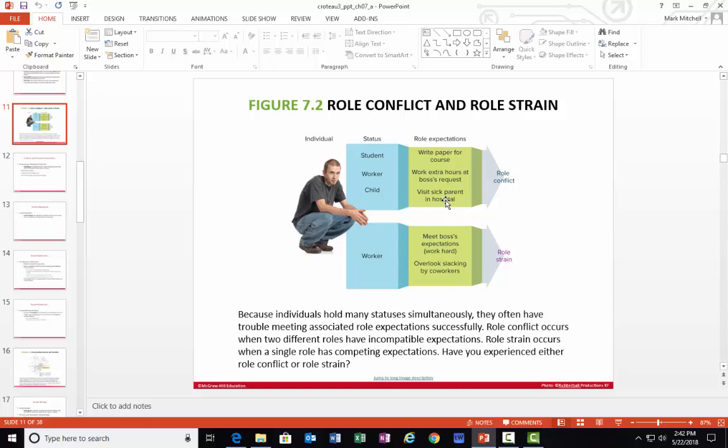And so a lot of times, what you have to do is maybe neglect one for the other, but that's not always the case. Maybe you can be creative and meet all of these. I remember a few examples where you'd have something like our slide has, and they were able to meet all the expectations rather than choosing one over the other.